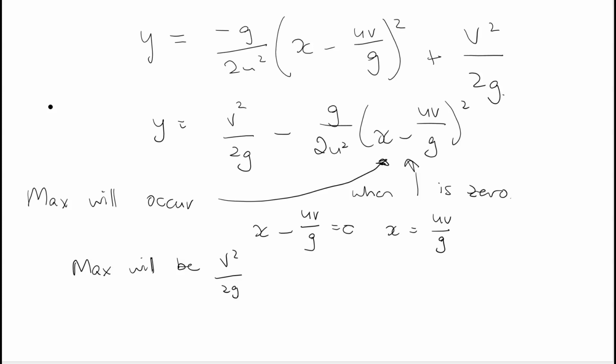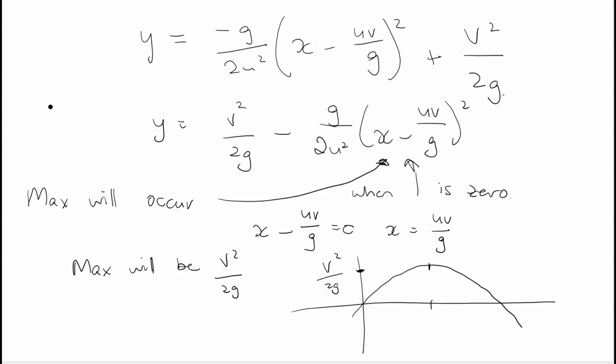As to what it looks like, well, it's a parabola, and it's going to go up like that, and at the maximum y is equal to v squared over 2g, and x is equal to uv over g, and by symmetry you can see the range is going to be twice that, so it would be 2uv over g.